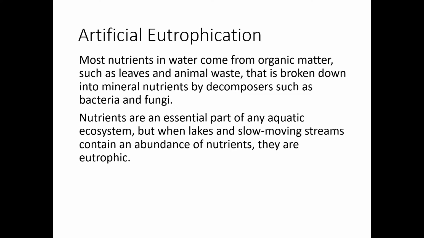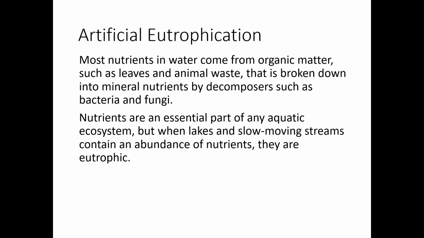Organic matter being dead animal waste or even things like leaves. Just this stuff that gets broken down by your decomposers, your bacteria and your fungi, and they decompose and convert those organic matter into a form that fish and plants and stuff can use for energy.